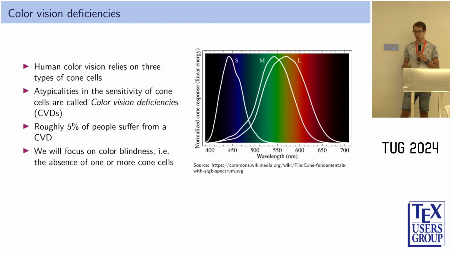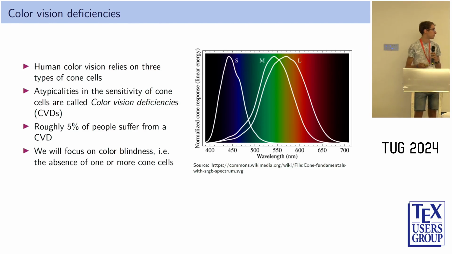And now when the response in the cones of a particular person is not like you can see in this plot, that's what you call a color vision deficiency. And roughly 5% of people suffer from some sort of color vision deficiency. It's a lot more prevalent in males just because of how the genetics of it works.